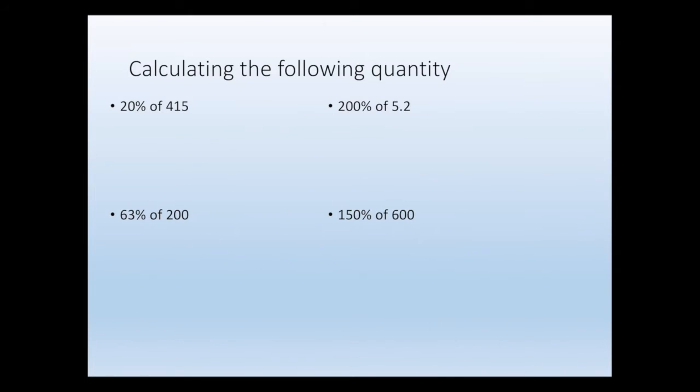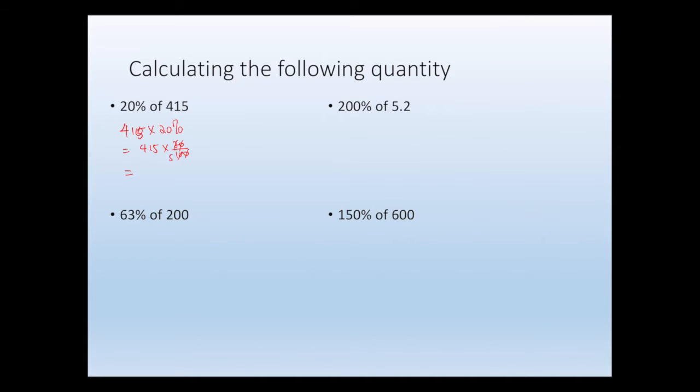So now, let's do a few calculations. You need to calculate the following quantity: 20% of 415. How do you do it? Well, what you can do is write it out as 415 times 20%, which is the same as 415 times 20 over 100. Alright? And you can cross off the 0 and cross off the 5.